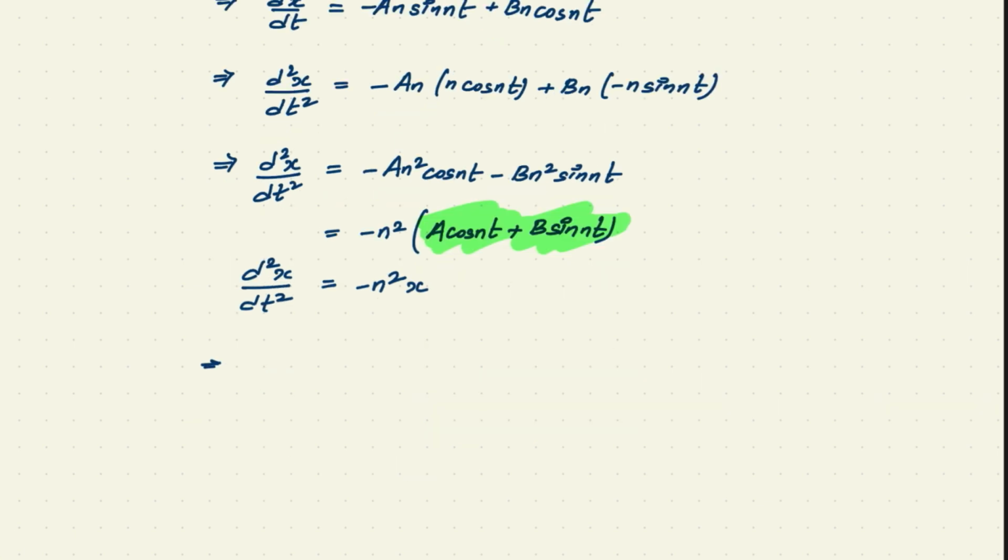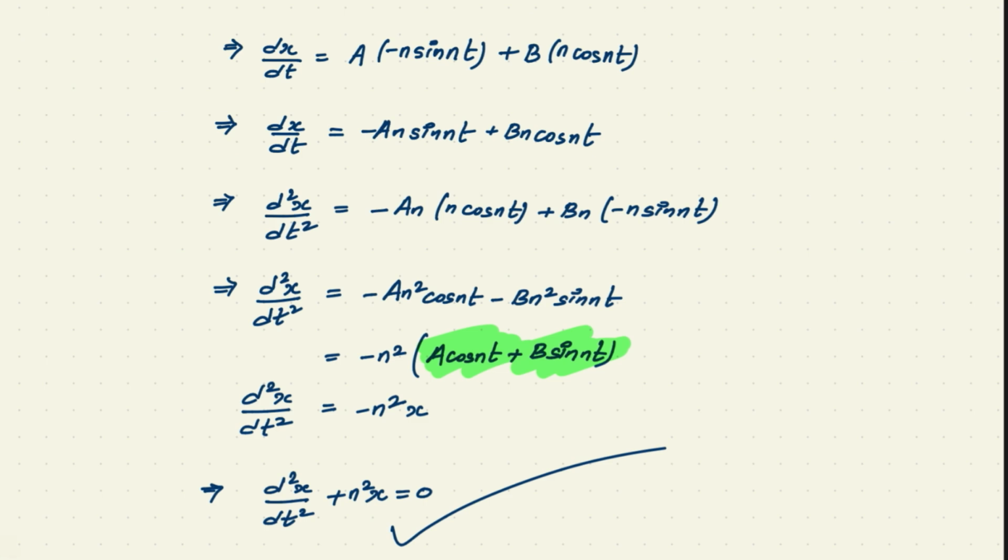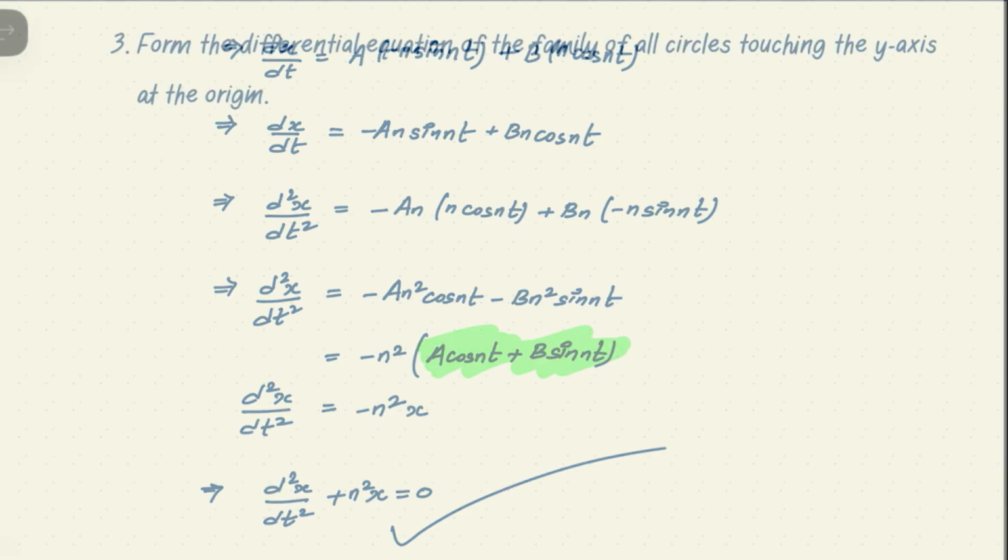So this implies d2x over dt2 plus n square x equals 0. This is the required differential equation which was asked in the question. And if you notice, this equation is free from a and b. So make sure your differential equation does not contain any arbitrary constants.